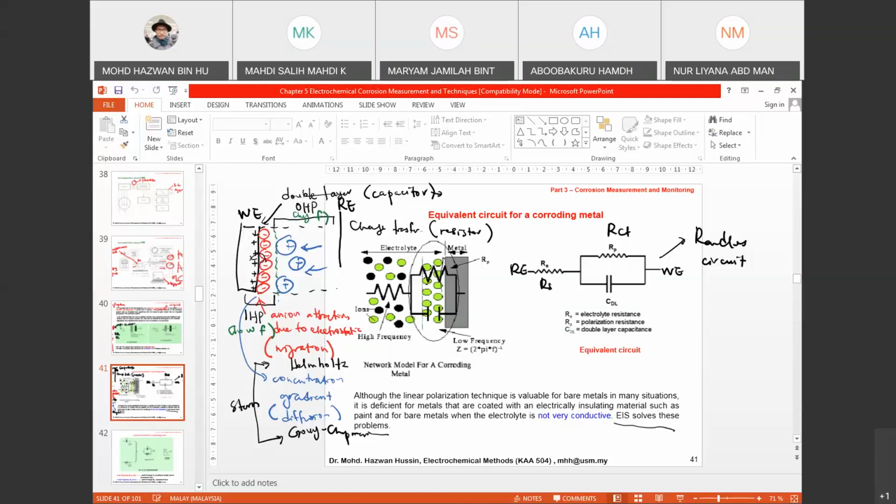From the interface of the working electrode to the reference electrode, as I told you, the formation of a double layer from the migration and diffusion processes creates the effect of a resistor and also a capacitor. So this can be translated into the equivalent circuits that we use for the fitting.